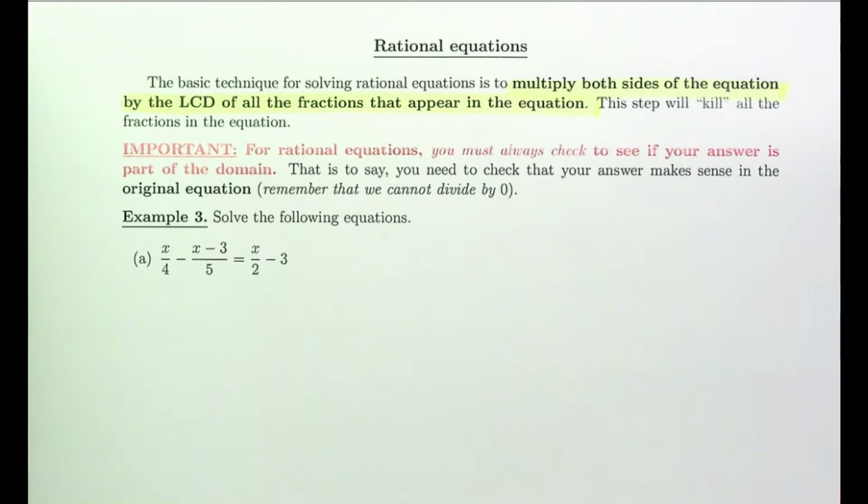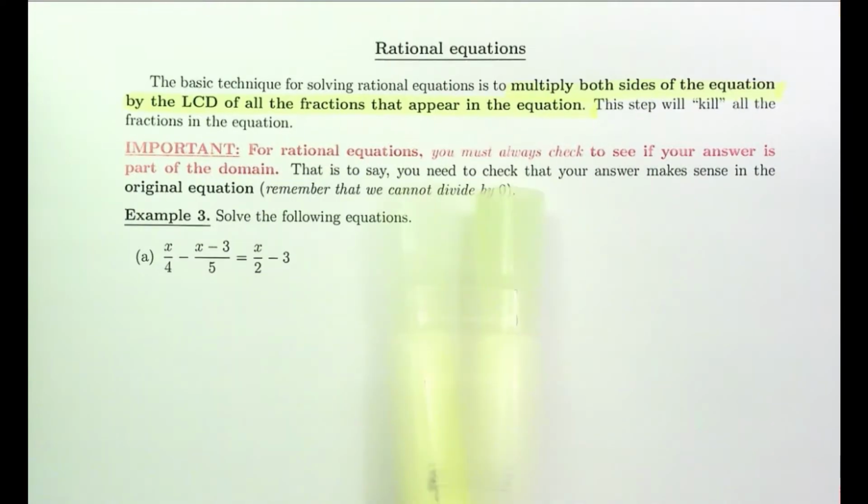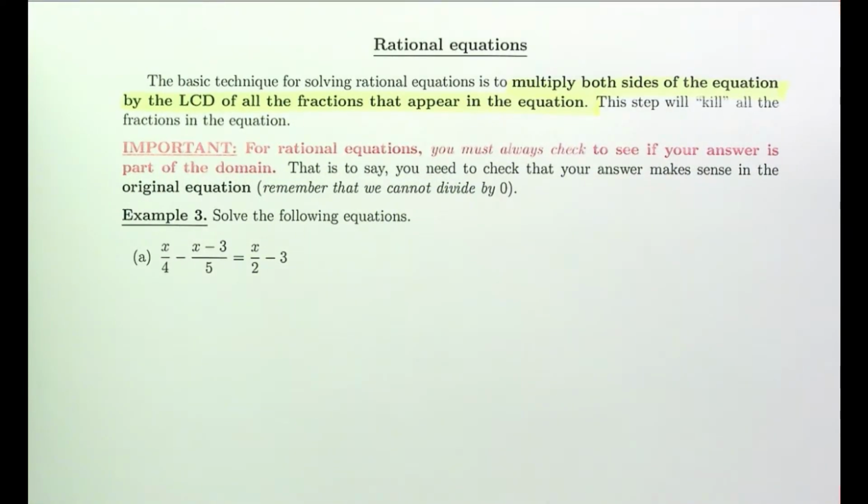That basically means check that you're not dividing by 0 when you plug in your answer in the original equation, because you cannot divide by 0. If you get a number that makes any of the original fractions or rational expressions 0 on the bottom, on the denominator, then that means that's not a true answer. You have to discard it.